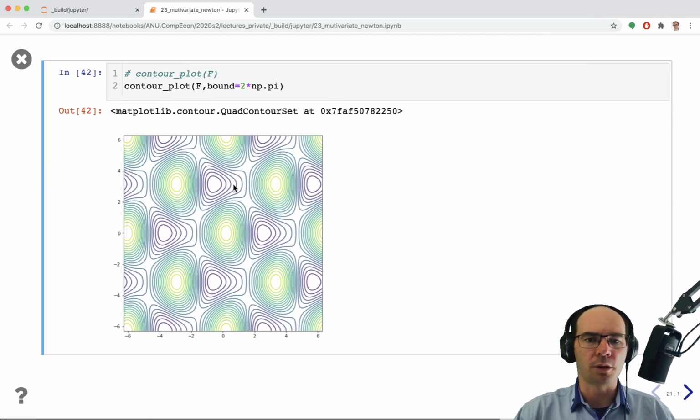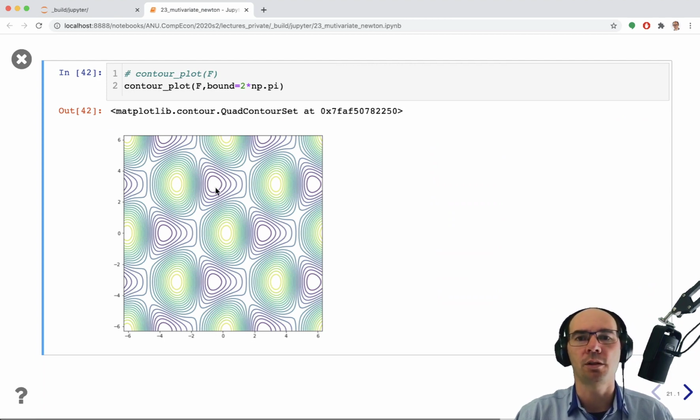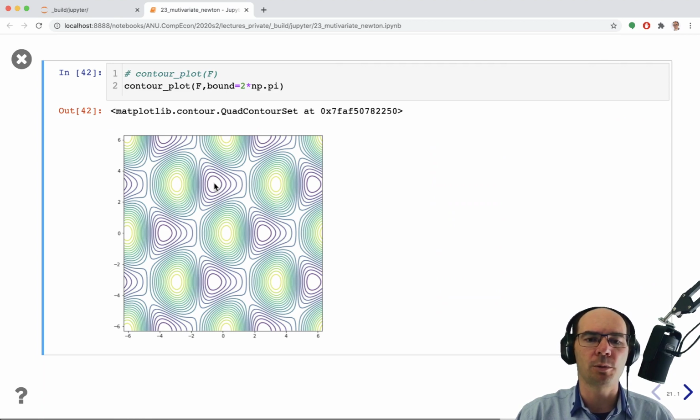And moreover, you can see that when we solve for the first order conditions, any of the flat points is a solution, is a critical point. So the set of critical points is very large. You may end up at the top of the hill, you may end up at the bottom of this valley, and you could also end up in a saddle. Points around here and here. This is where the function is also flat.